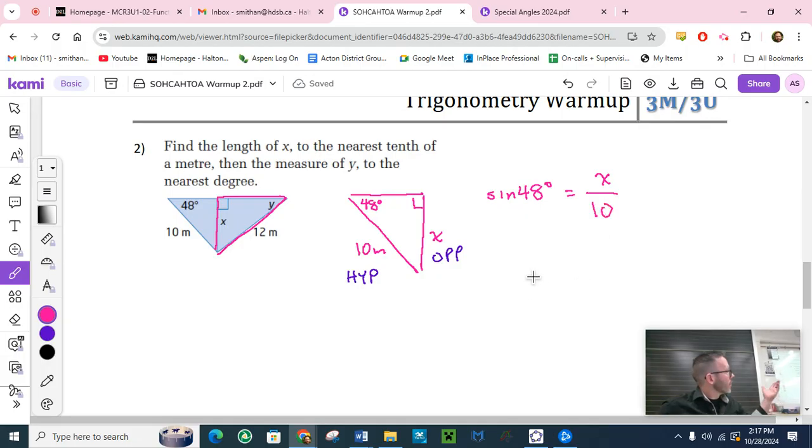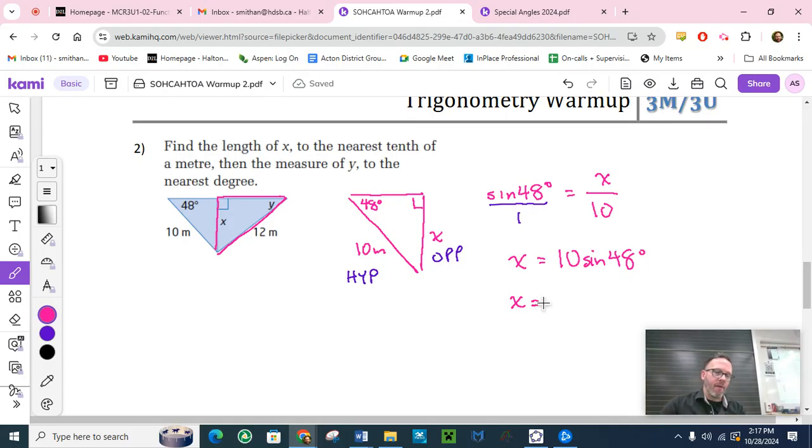Because what we're finding is on top, I'll show this extra work, but we've been mentioning these shortcuts. When you're solving for x, we'll do 10 times sine 48, but then divide by 1, so we don't really need to write the divided by 1. We can just write x is equal to 10 times sine 48. So if what you're finding is on top, it's just multiplication.